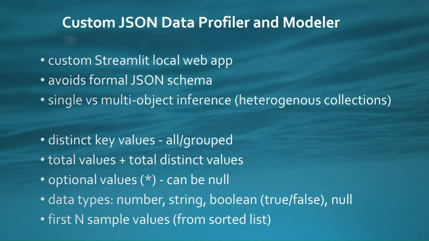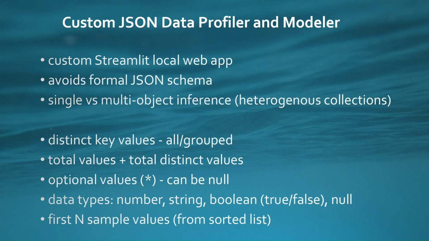For the features of the data profiler, I count the number of distinct key values, all or grouped. I display the total values and the total distinct values. I mark non-mandatory properties with an optional values star sign.